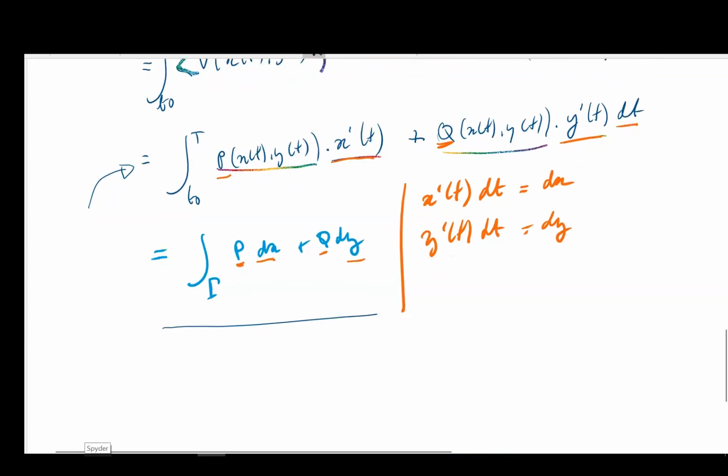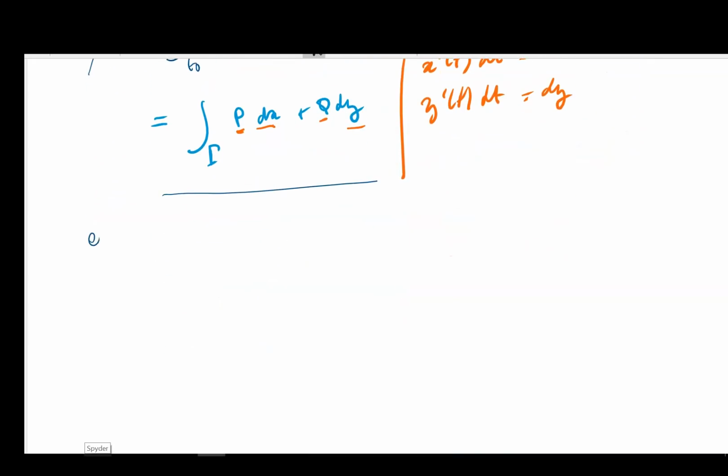So let's do that first example. I want to calculate on some curve gamma that I'm going to describe a bit later, the vector field that has these components, y and minus x. So my vector field, let's be clear, is going to be given by y and minus x.